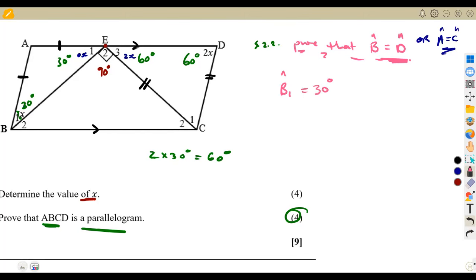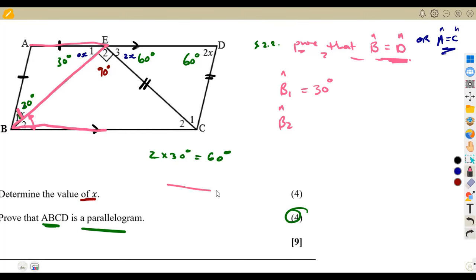B1, this one, which was equal to X. Then we also have angle B2, the next angle, this one. If you consider angle B2, you're going to see that it is the same as angle E1. They create a Z angle like this, alternate angles. From the parallel lines, the angle E1 and this angle are equal.